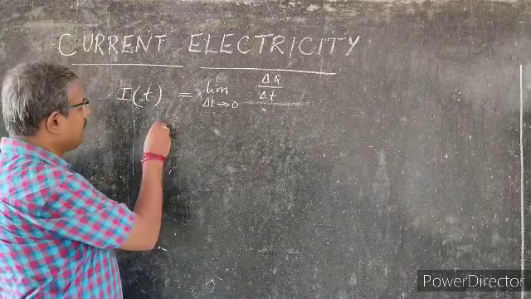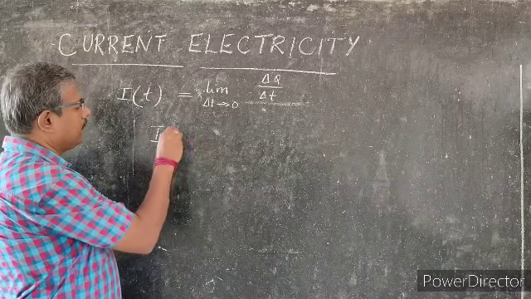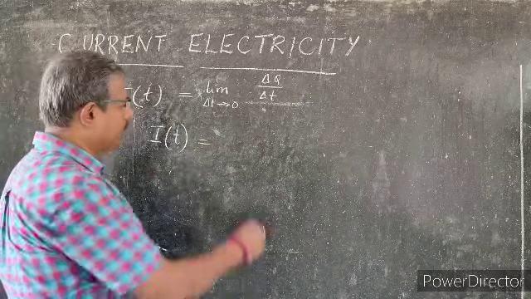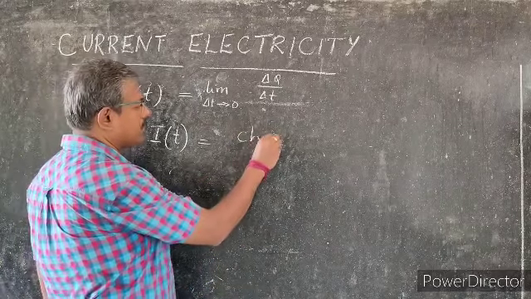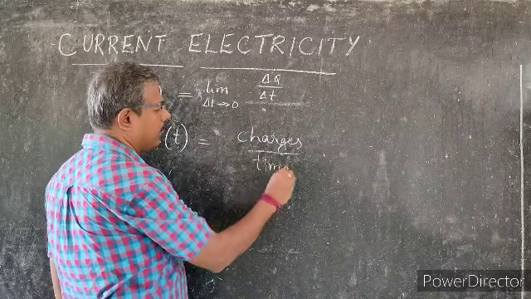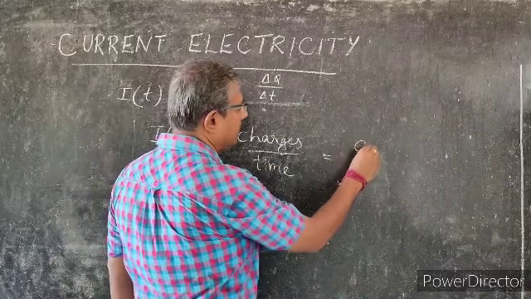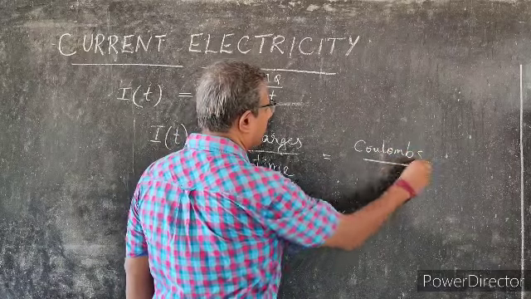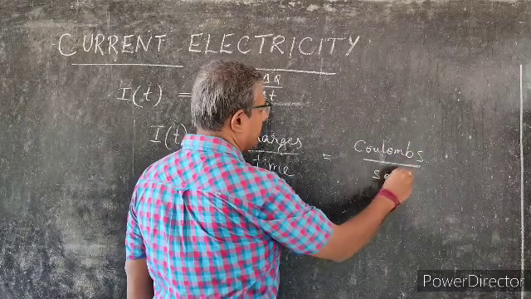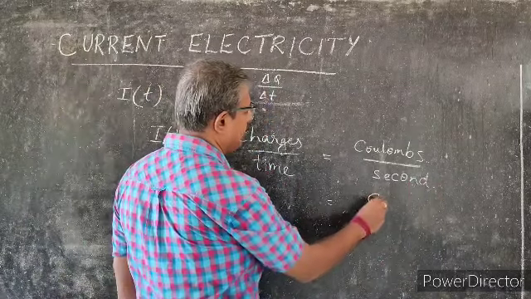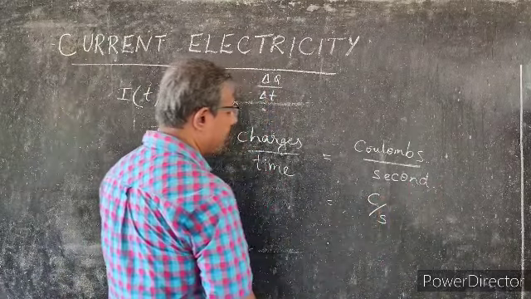That gives us the unit of electricity, which is charge over time, which would then be coulombs per second.